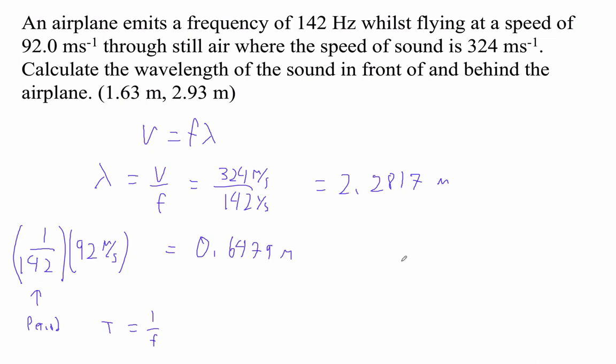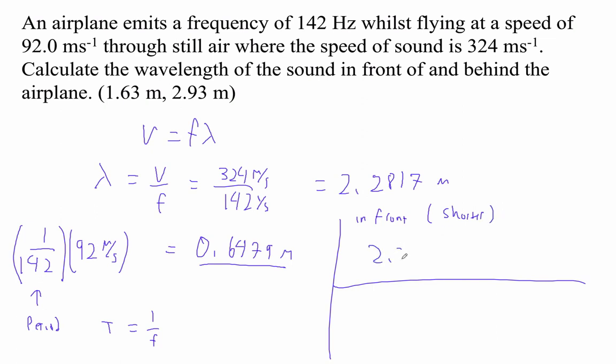So that means in front of the plane, it's shortening the wavelength by that much, and behind the plane, it's lengthening it by that much. So we can just do this. In front, it's going to be shorter: 2.2817 minus 0.6479.